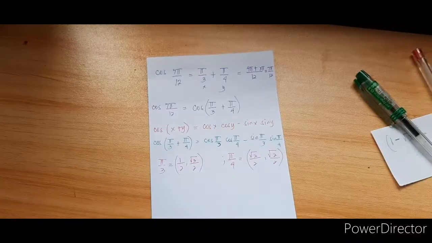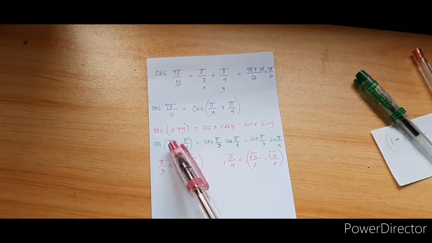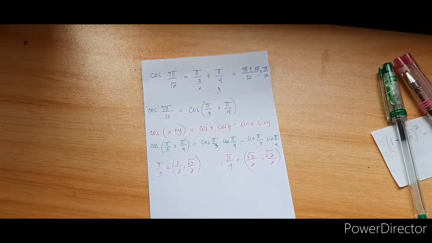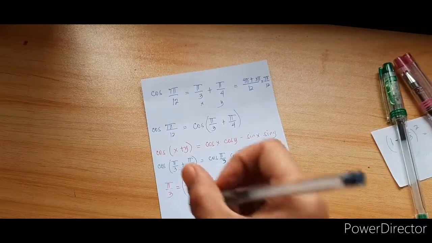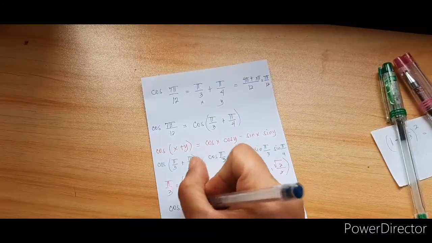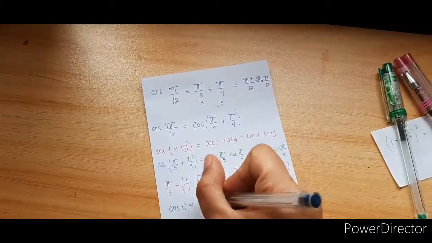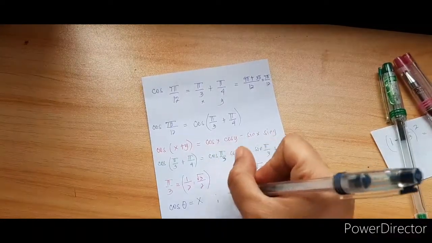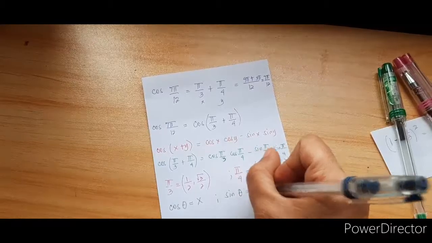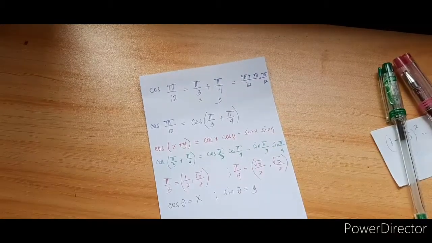And then, next we will substitute these givens into our equation. So, remember again that cosine theta is equal to the x value, and sine theta is equal to the y value.